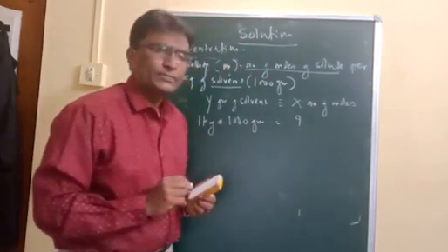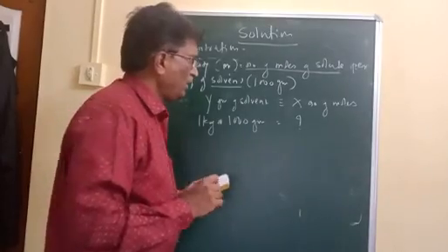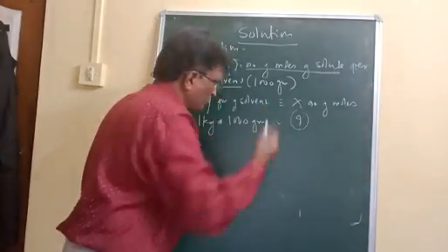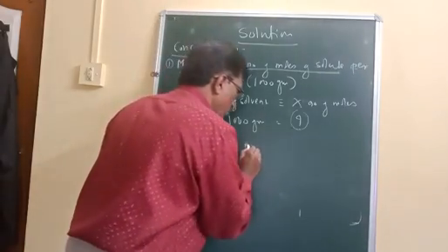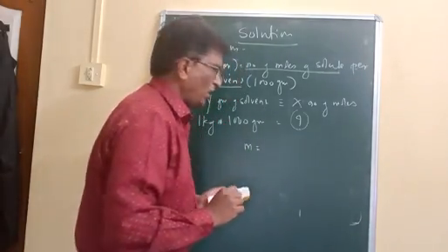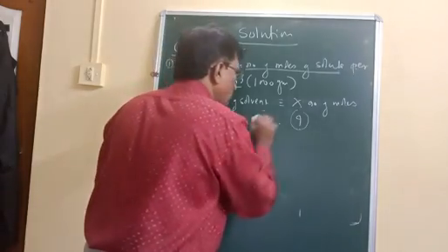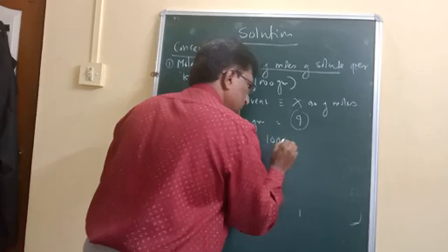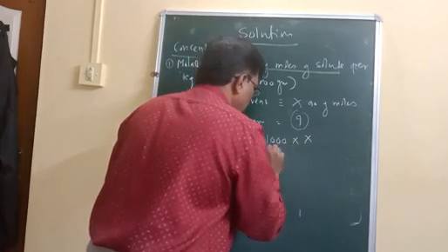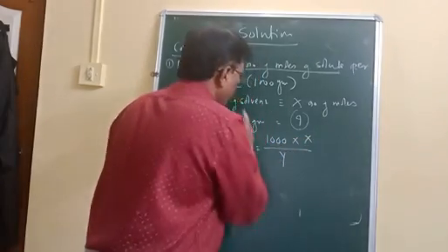That will be molality. And if we solve this question mark by cross multiplication, here we will get molality of solution, that is small m is equal to 1000 into x divided by y.